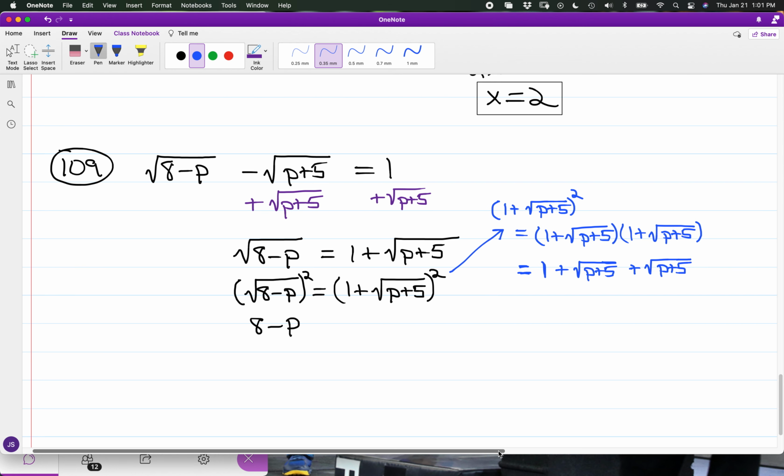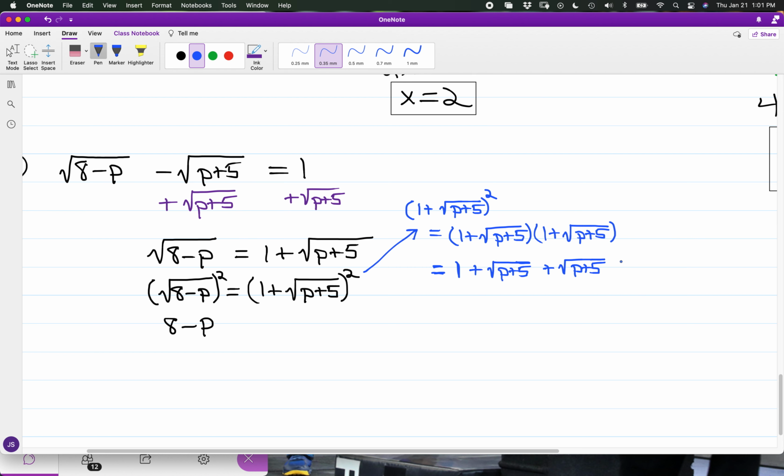And let me mention, you have the square root of p plus 5 times itself. I'm just going to take one little extra step. Again, the first product is 1, and the outside and inside products each have the square root of p plus 5. If you combine, you have repetition here, so this will be 2 times the square root of p plus 5.